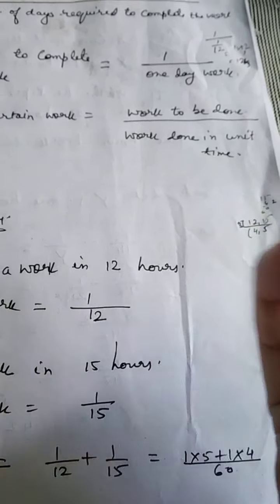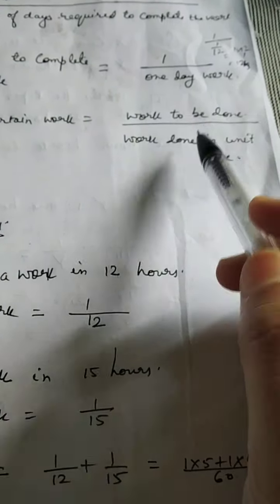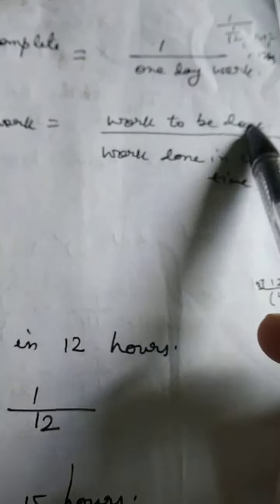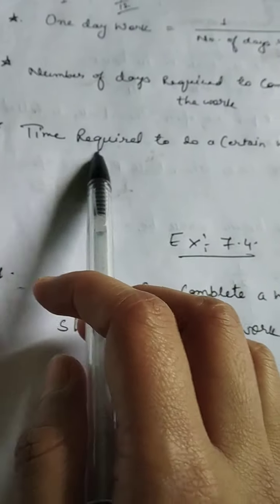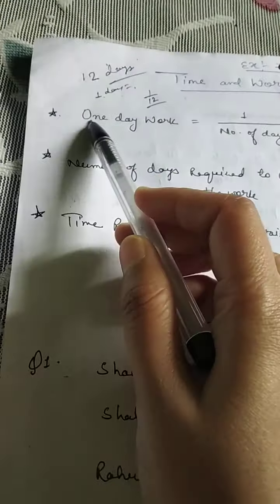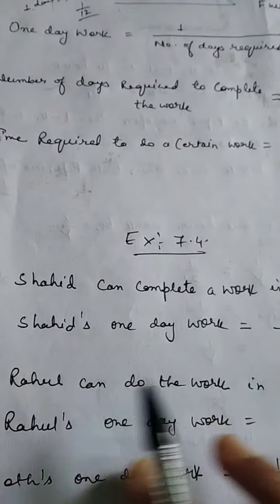Unit time means 1 day or 1 hour or 1 minute, how much work is done in unit time. That you will write down, and above it the work to be done. You can find time required to do a certain work. So these three formulas are going to help us to do the exercise 7.4.